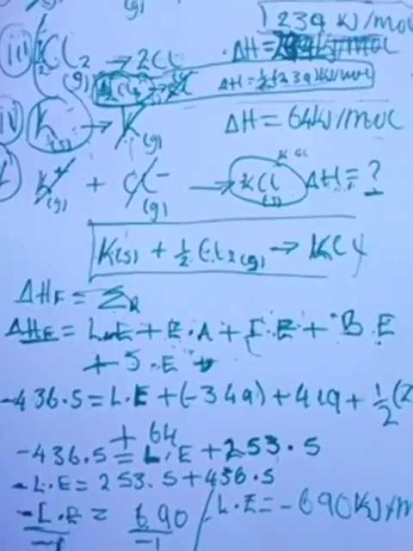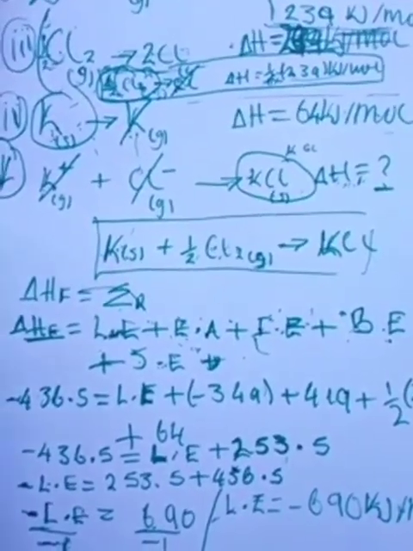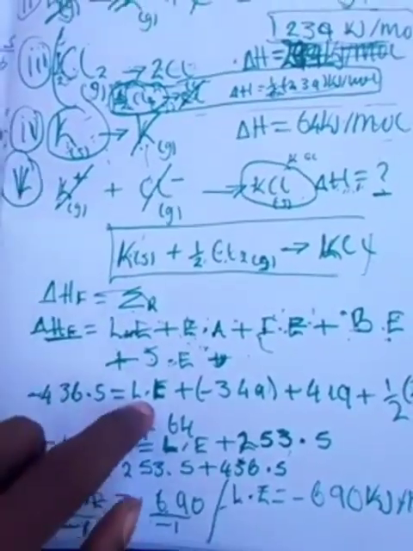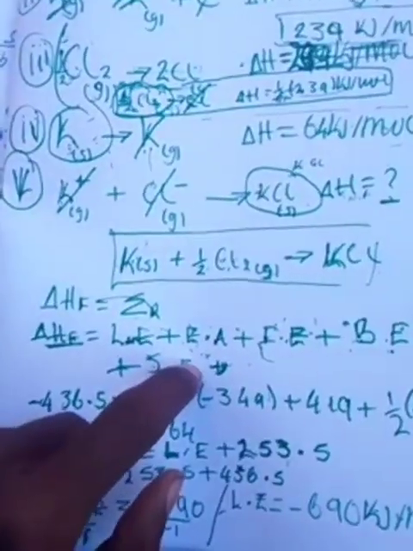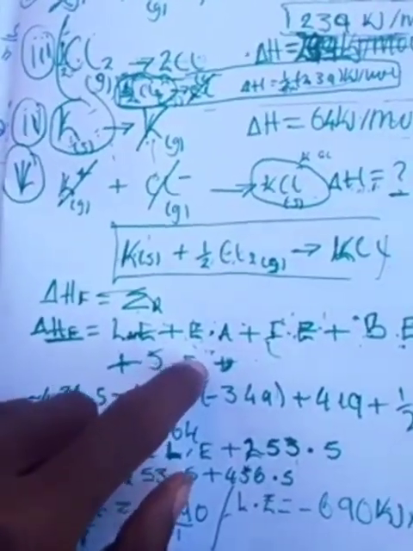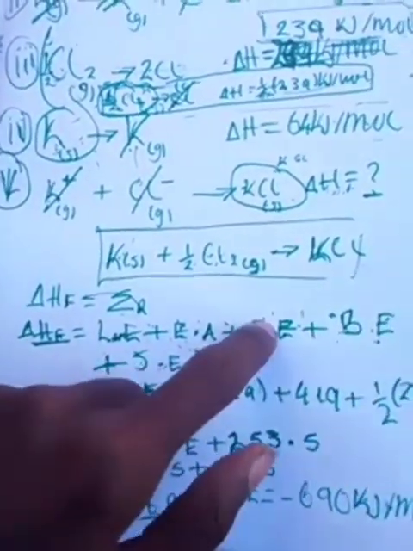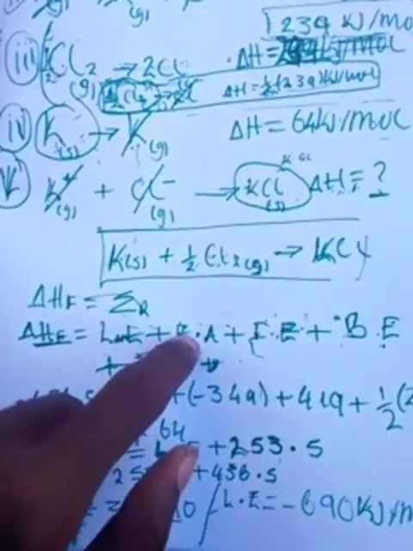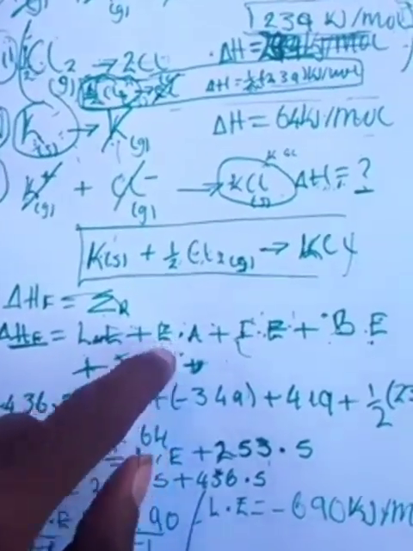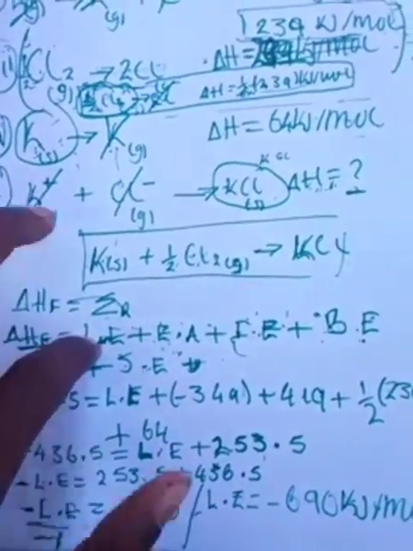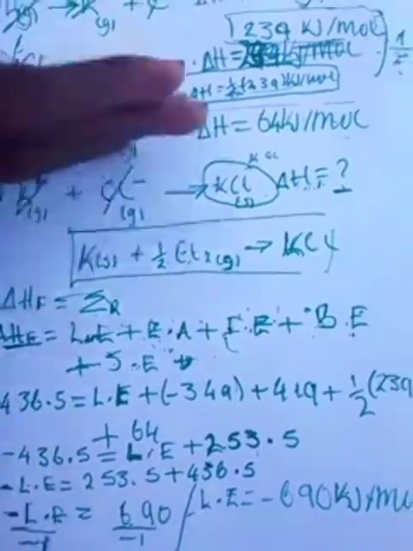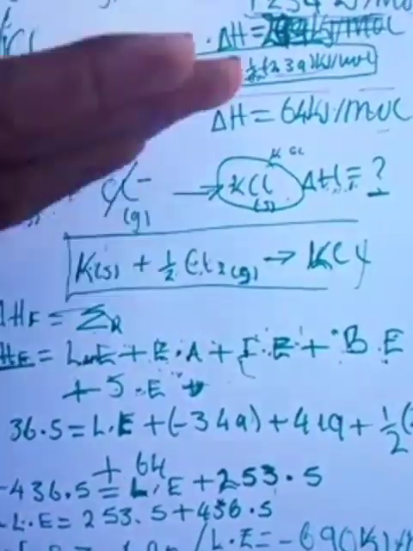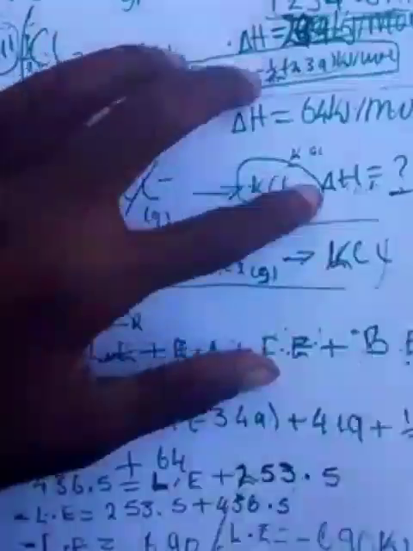So next time, don't be confused. If they give you the same kind of question, but they just tell you to calculate sublimation energy, calculate the bond energy, calculate ionization energy, calculate electron affinity, calculate lattice energy, don't be confused. This is what you do, and I hope that you have understood.